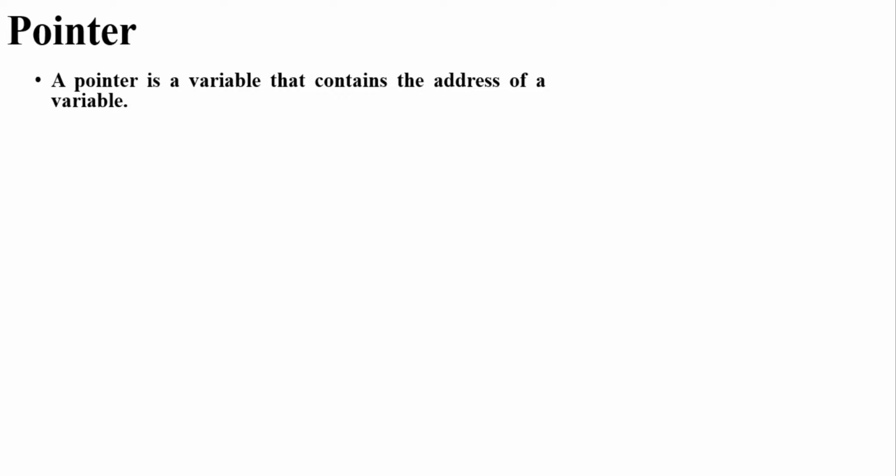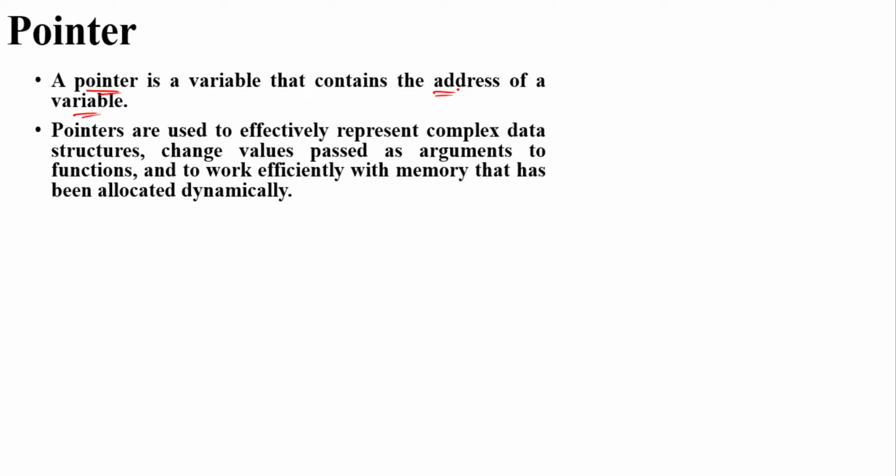So first of all, what is a pointer? We all know that a pointer is nothing but a variable that contains the address of another variable. Please remember, a pointer is a variable that contains the address of another variable, and it is used to effectively represent complex data structures, change values of any particular variable, and it is mostly used to effectively manage the memory for those variables which are dynamically created during the programming.